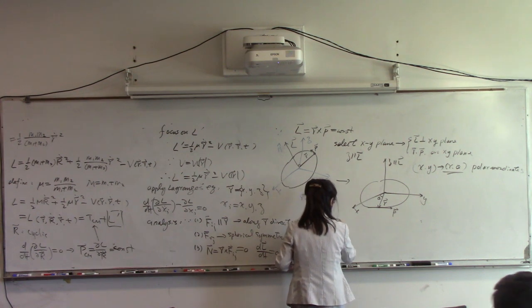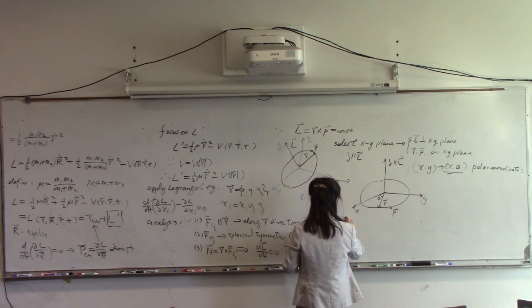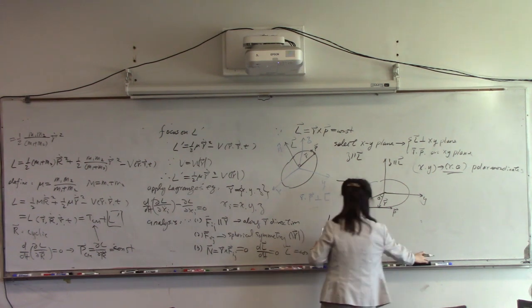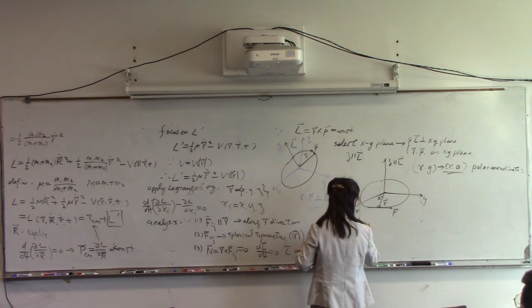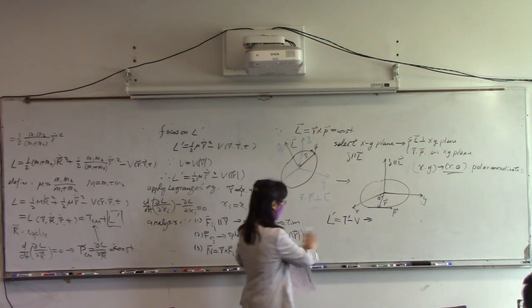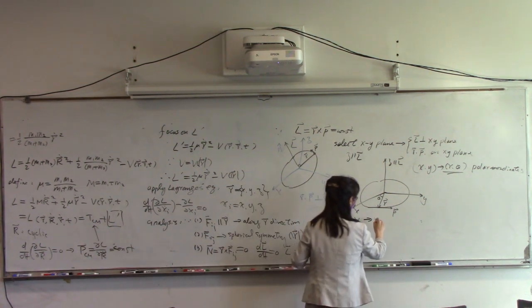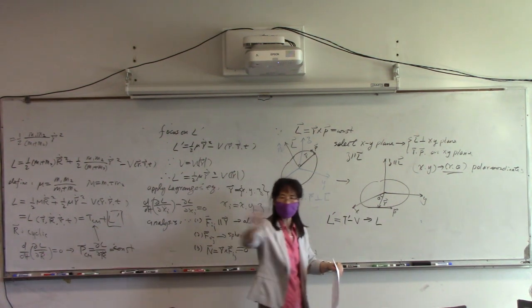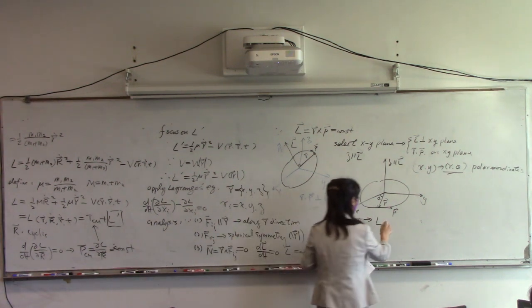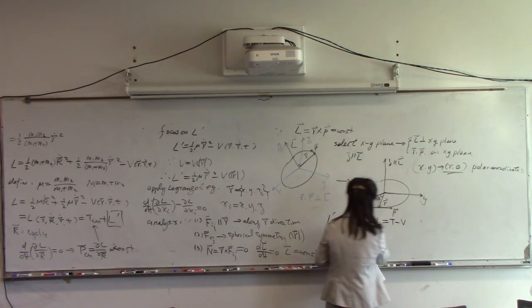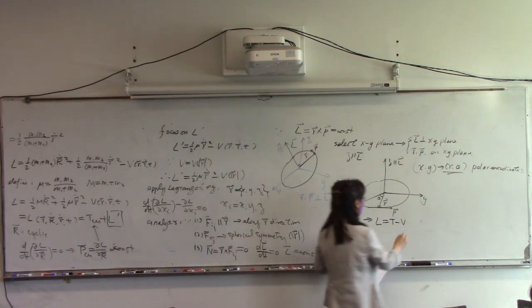First, the Lagrangian. Let's still use prime and V. From now on, we just remove the prime, so we focus on the relative motion. It's T minus V, and T also has no prime.